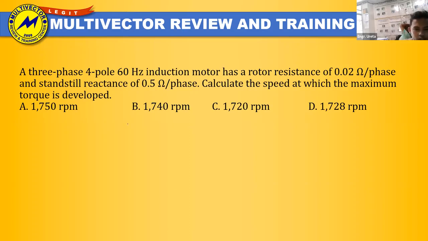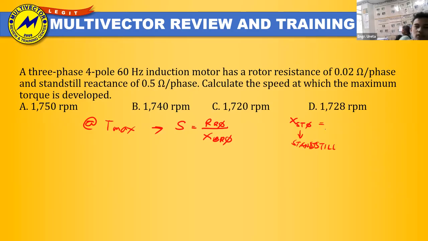So sabi, at Tmax, kapag the maximum yung torque natin, meron tayong binabantayan dito na condition. Magkakaroon lang kayo ng maximum torque if the slip natin is just the ratio nung ating rotor resistance per phase all over the blocked rotor reactance per phase natin. Dito sinabi yung standstill reactance daw natin per phase, X standstill, is just equal to 0.5 ohm per phase.